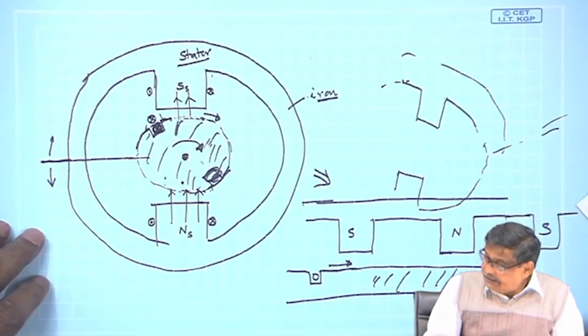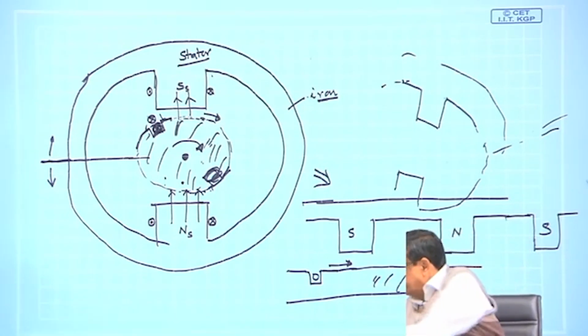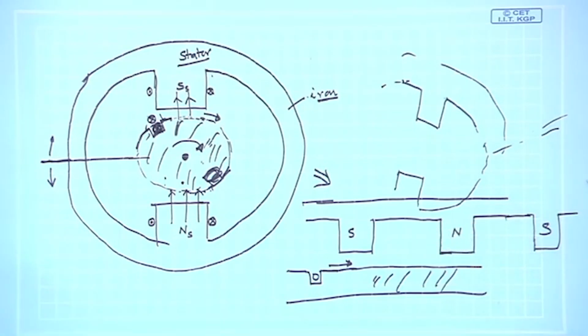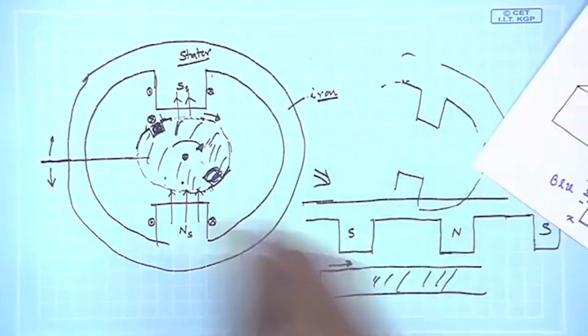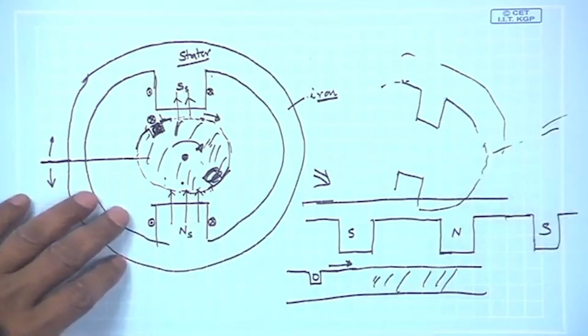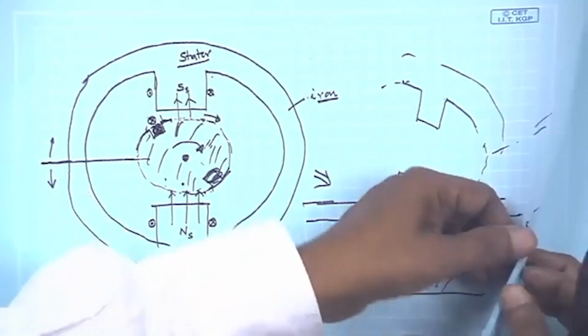To make this matter, I mean what I want to say is, before coming to that, let us see this one. So, now I will use two conductors in this structure.